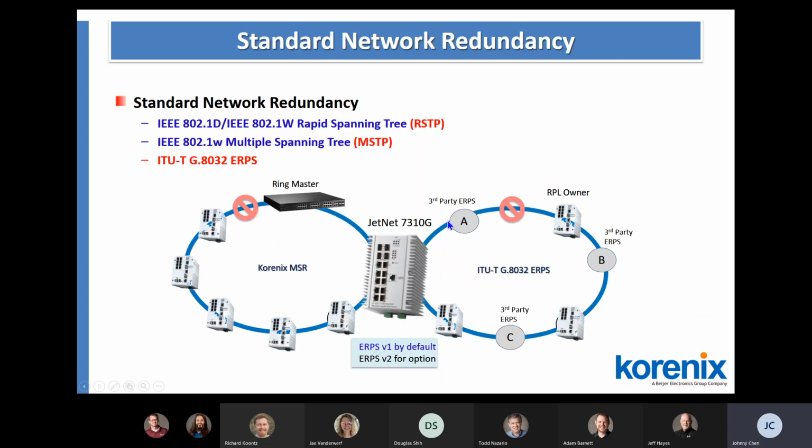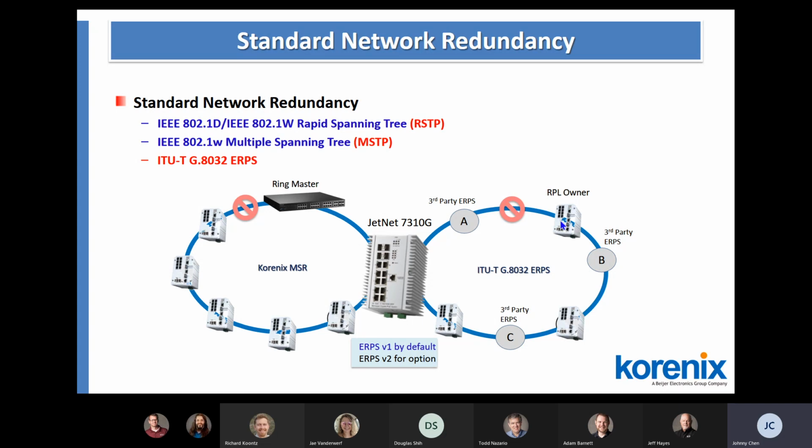Okay, and all of our managed switches support network redundancy, and we support the standard redundancy mechanisms like spanning tree, RSTP and MSTP, and also our switches support ERPS. But some of our switches only support ERPS v1, which means it could be used only with a single ring.